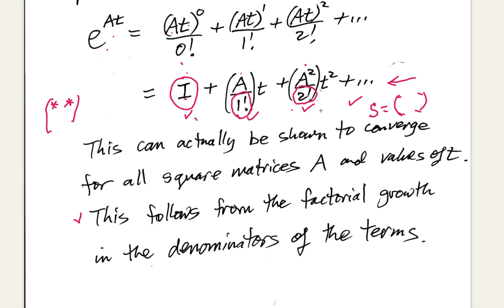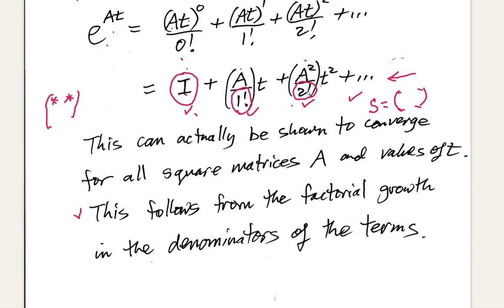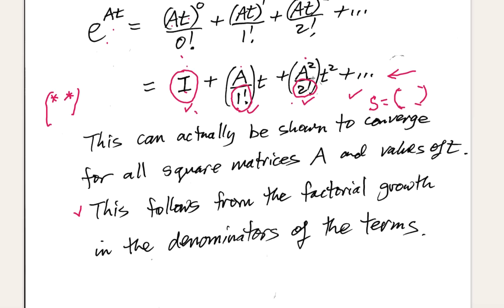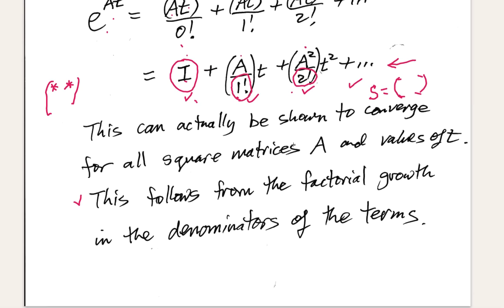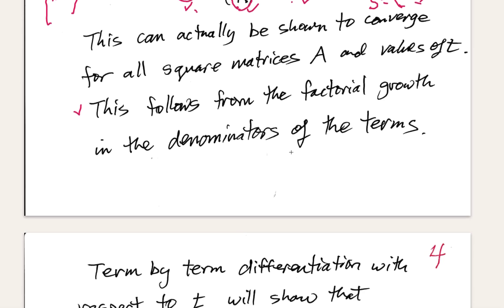Remember, that's what you need for convergence, right? You need the terms of the series to drop sufficiently quickly to get a finite answer. Factorial growth helps out greatly. So the numerator looks very impressive with exponential growth, but that denominator still crushes it. Factorial growth, very dangerous. All right.